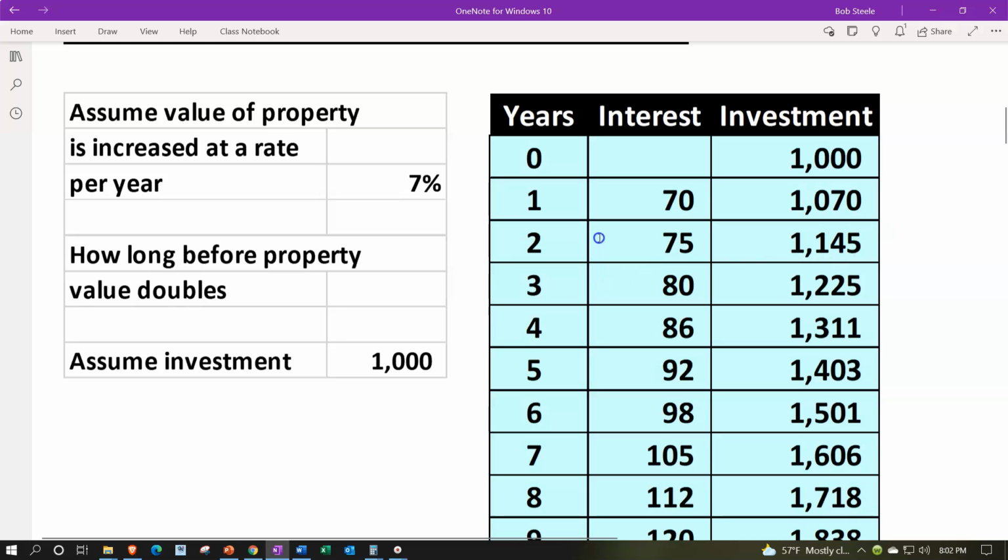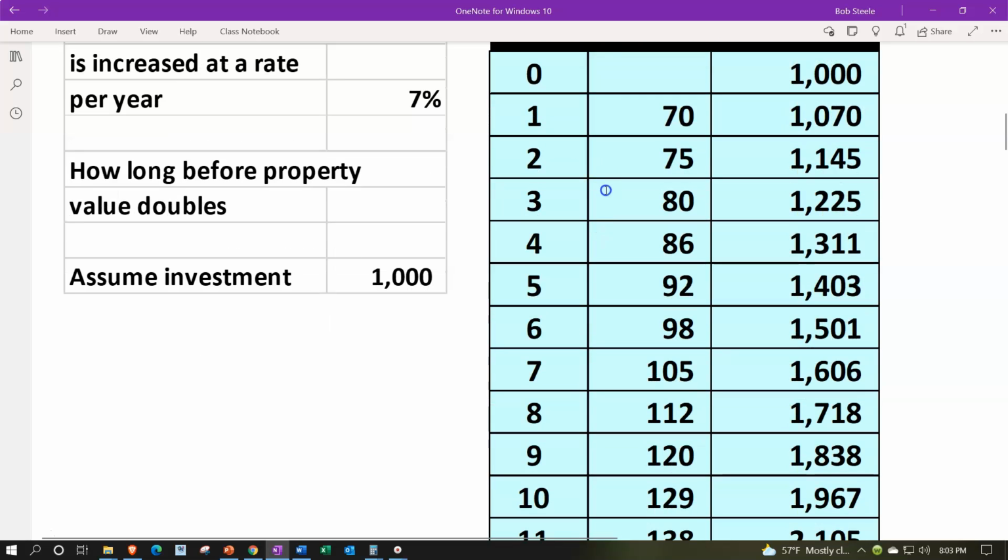Now, we'll also take a look at it in formulas. Formulas can be useful, but they get a little bit abstract when you're looking at these time value of money formulas. So they're useful, but even with a formula, oftentimes the result seems somewhat magical, and you don't really have a feel for it unless you were to plot it out in something like a table like this, I find.